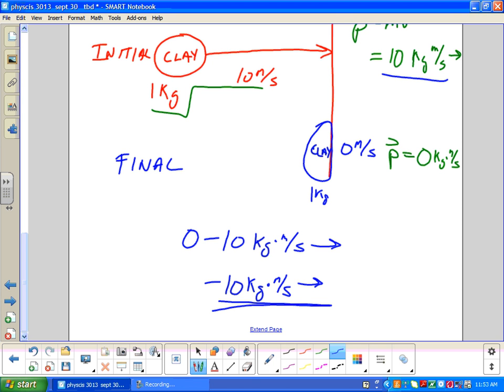That is a force. That is the agent of change. Something has to act on it. Otherwise, what does that 1 kilogram blob of clay want to do? It just wants to sit on the desk. Right? It doesn't want to move anywhere. And once you put it in motion, it doesn't want to do anything until it hits the wall again. And that wall becomes the agent of change. All right?